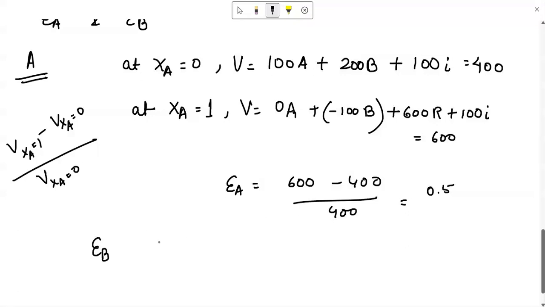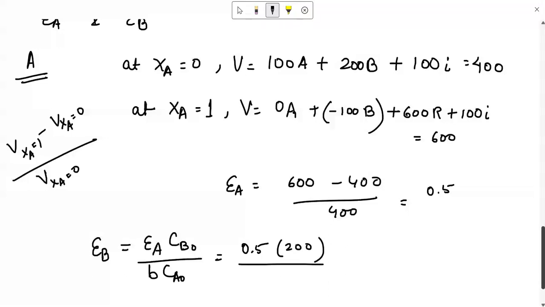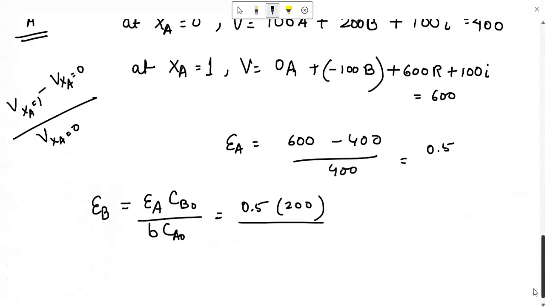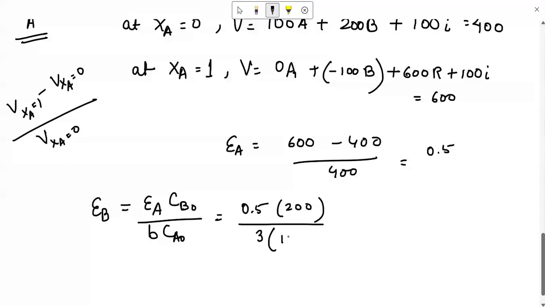I'm directly writing the equation: epsilon B equals epsilon A times Cb0 by b Ca0. This small b is the stoichiometric coefficient of the reacting species B. Plugging in the values, epsilon A was 0.5, Cb0 was 200, small b was 3, multiplied by Ca0, which was 100. So this becomes 1/3.